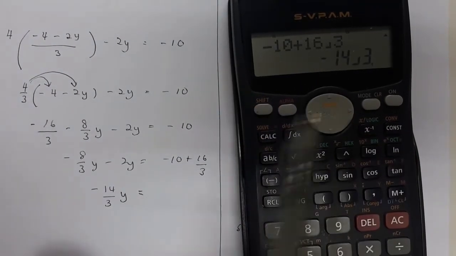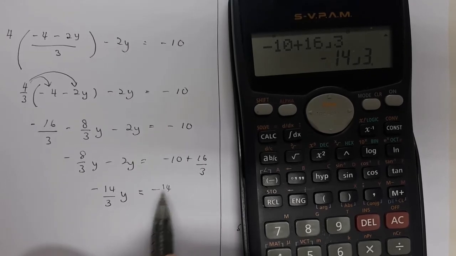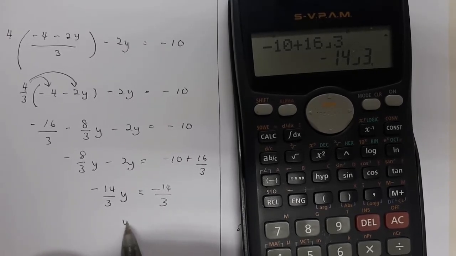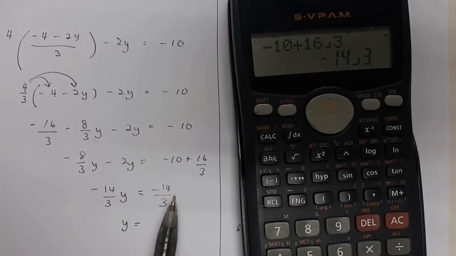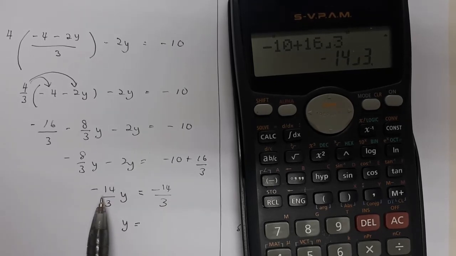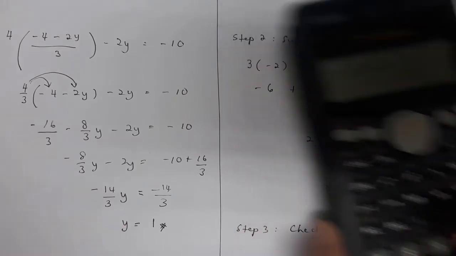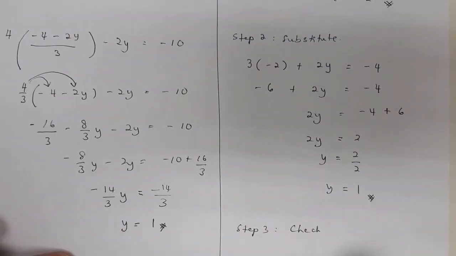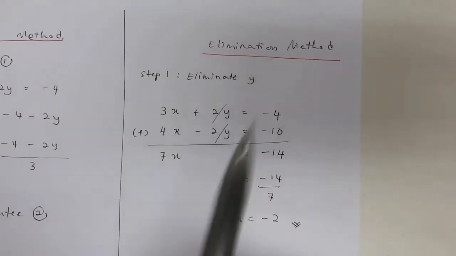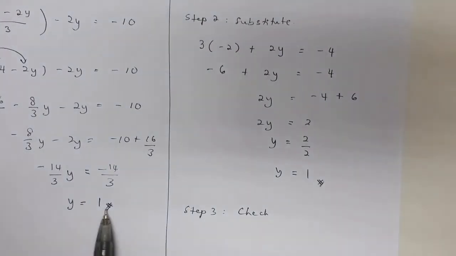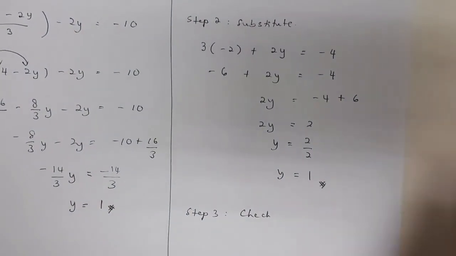So the answer is negative 14 over 3. Negative 14 over 3 divided by negative 14 over 3, we get y equal 1, which is the same as when we use the elimination method. We still get y equal 1.